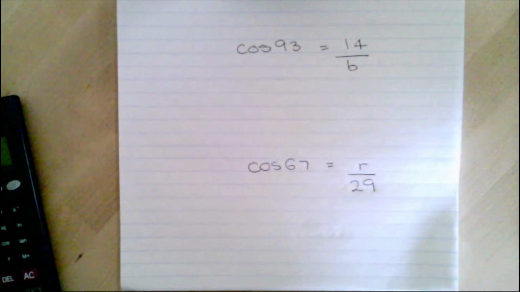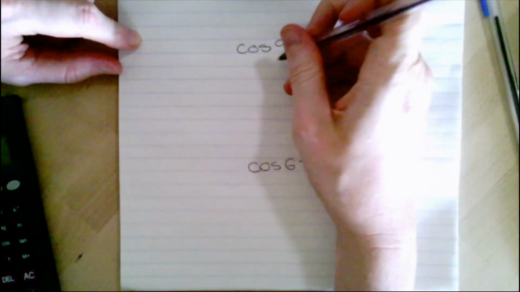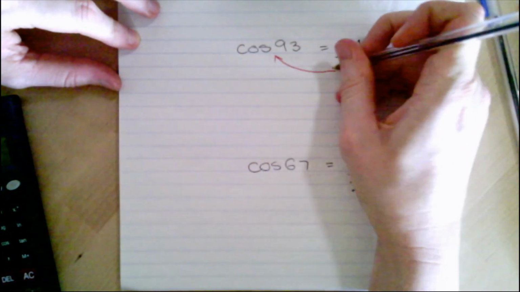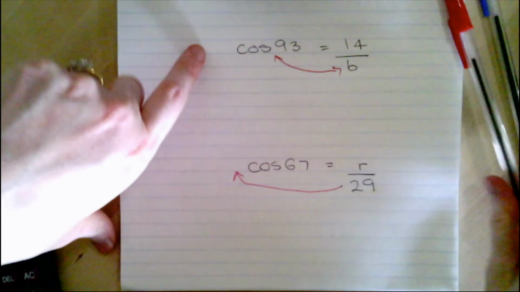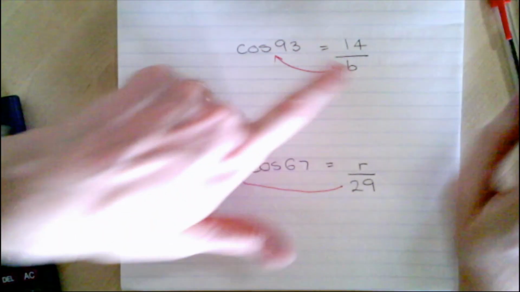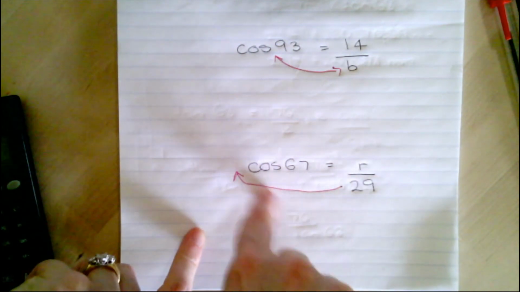Quick recap of the important things to know. If your letters are on the bottom, they're going to swap spots. And if your number's on the bottom, you bring your number to the front. So here, letters on the bottom, these two things swap spots, and my number's on the bottom, I move it to the front.